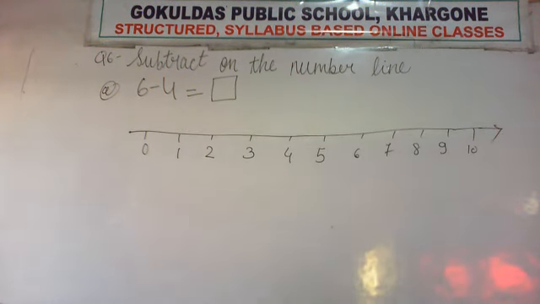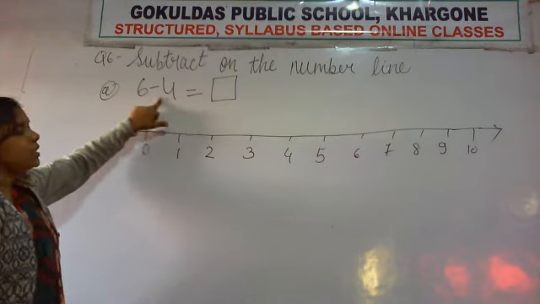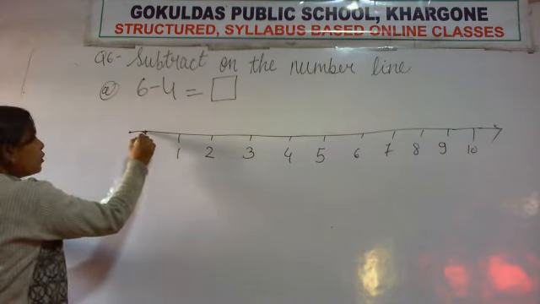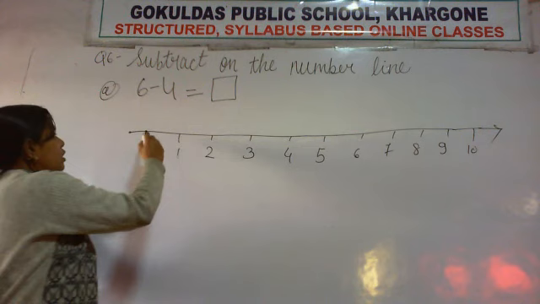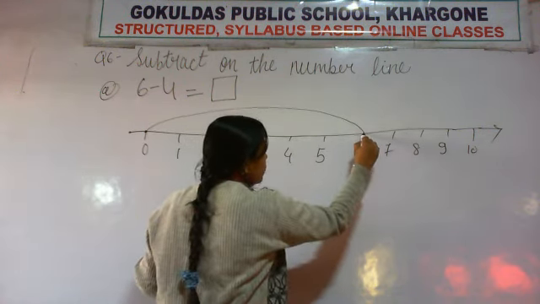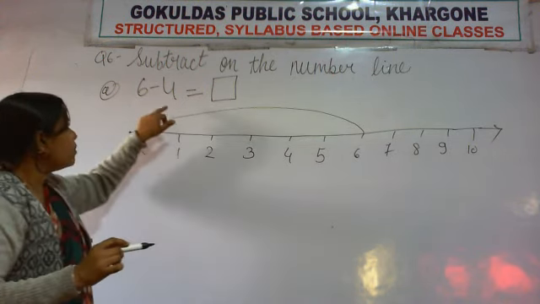Now what is the first step? Read the question: 6 minus 4. We have to jump from 0 to the first given number, and the first number is 6. So from 0 jump to number 6. Now what is the next number? 4.